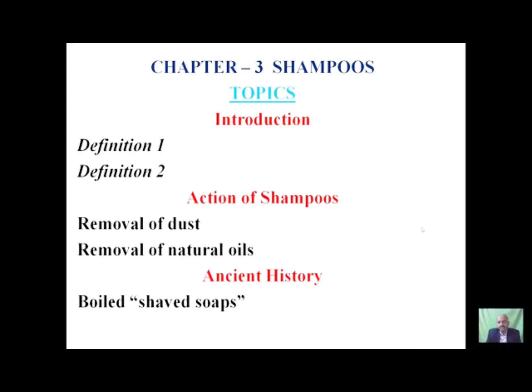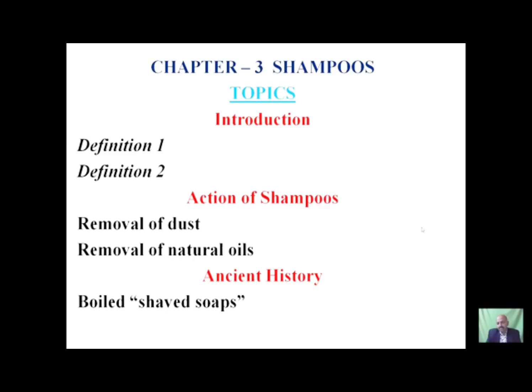In today's topics, we'll discuss the introduction, definition 1 and definition 2 of shampoo, the chemical definitions, and the action of shampoos: removal of dust and removal of natural oils.